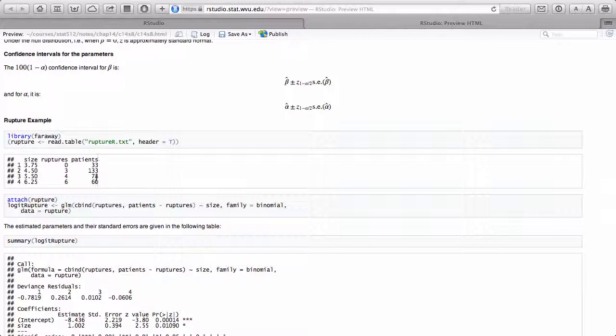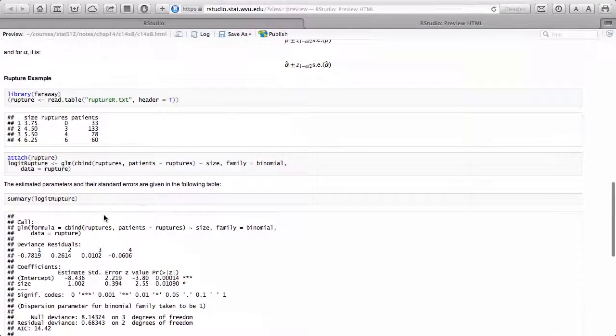If I sum this and sum this, it would be the overall proportion of patients that have a rupture. We could estimate our initial alpha that way, have our initial beta be 0, and then we're going to iterate this process. I won't go through the details. The book actually does, so you can look at it if you're interested.